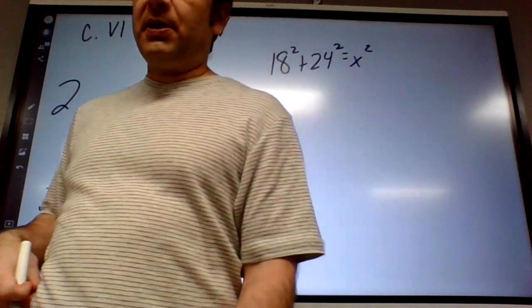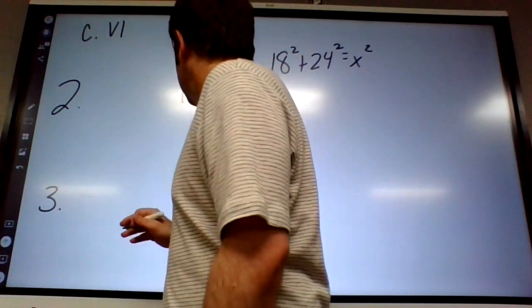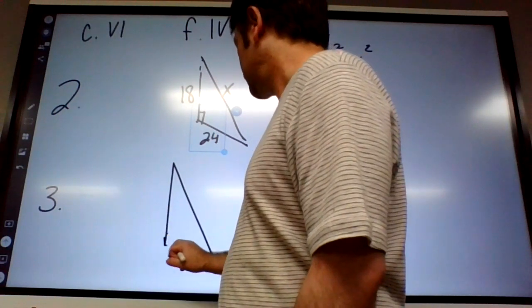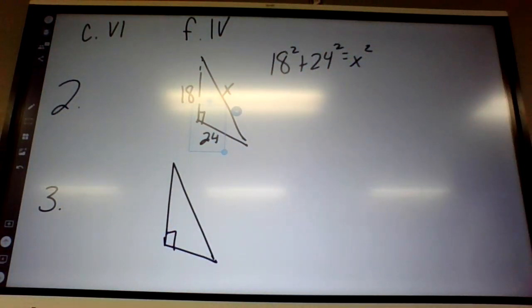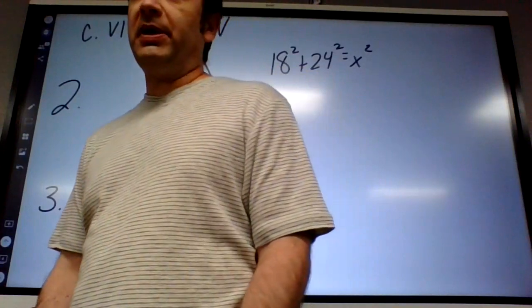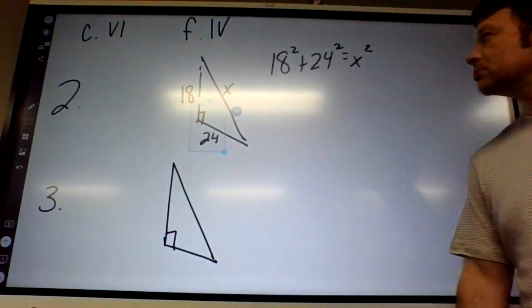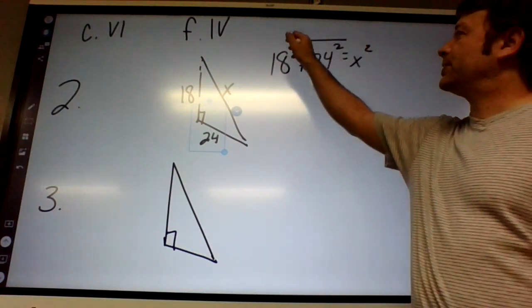You guys do need to go ahead and solve that. So, yeah, I was pausing to let you guys do 2. Remember, because it's x squared, you do need a square root at the end.